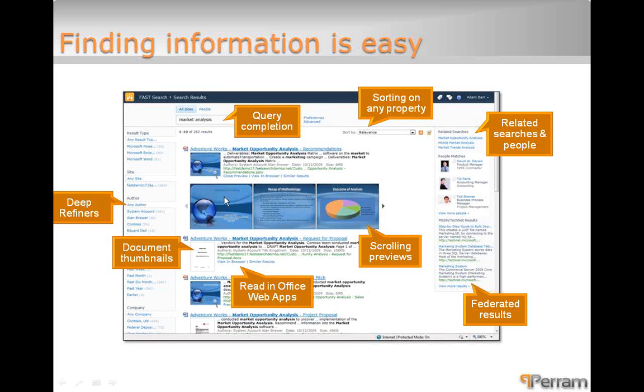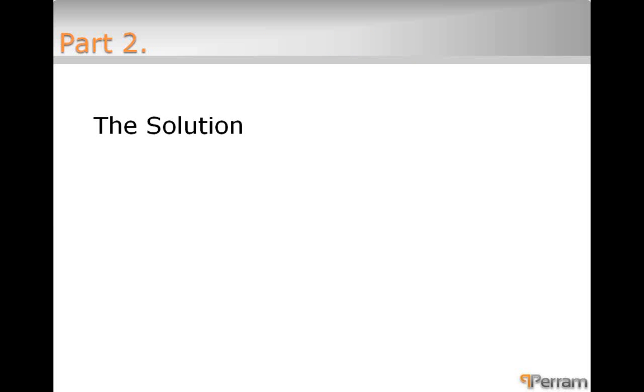If we're using FAST search in this example, it will give you a preview of the actual documents. On the right-hand side, it gives me some related searches, as documents or as people, if I want. It gives me some federated search. And this is all driven because I have structured my taxonomy properly and I have tagged my documents in a manner that it will be visible in the search.